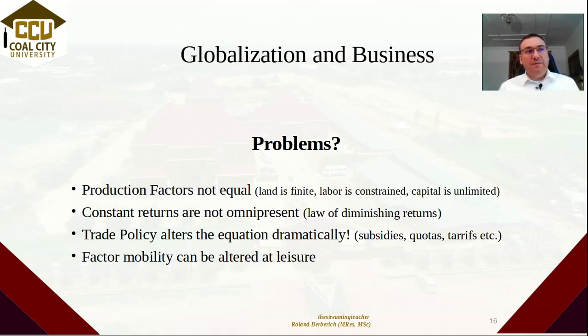So the second problem that we encounter in any kind of trade model actually is that there is not always constant return on investment. There is a law of diminishing returns. And what does that mean? So if you add another unit of labor to the production function, this labor unit is not as productive as the previous unit that you have added.